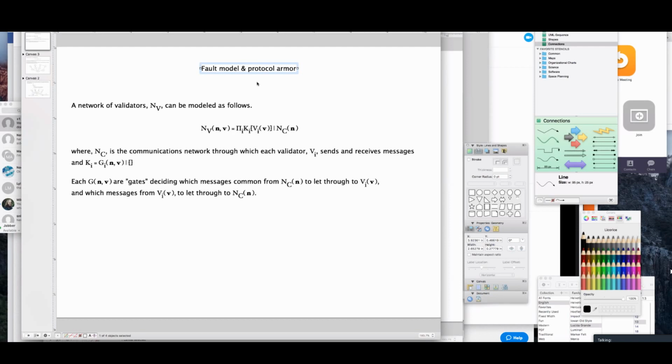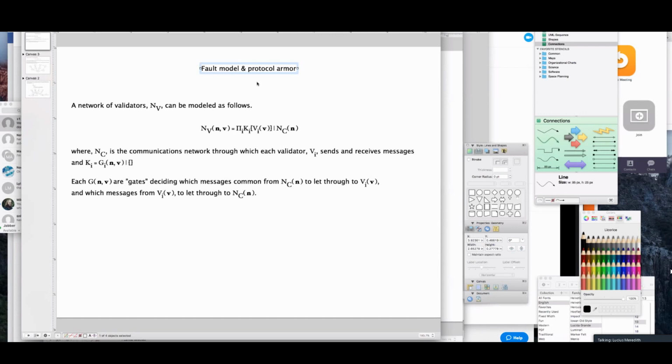Right. Exactly. So then to make that mathematically crisp within the framework of the pi calculus, what we have is a network of validators, which is parametric in channels N and V. Boldface is frequently used for vectors of channels in the literature.